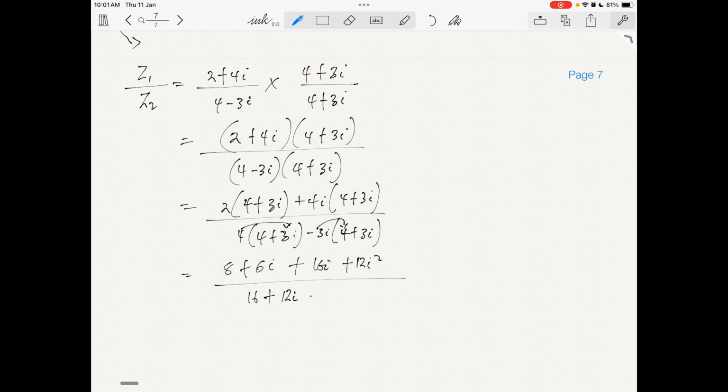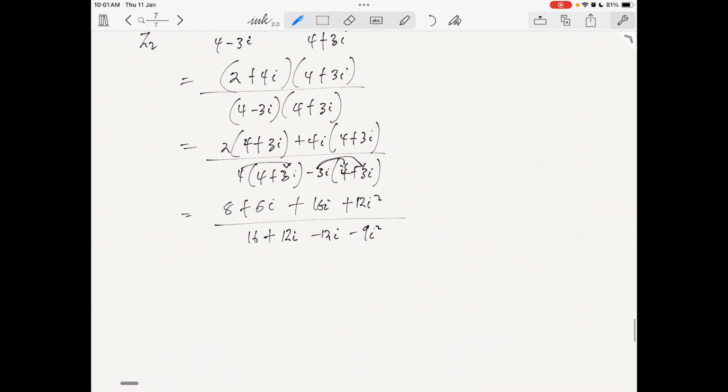Multiplying this gives us minus 12i, and this gives us minus 9i squared. Now in essence we have 8 plus 6i plus 16i. Now I want to substitute i squared equals minus 1, plus 12 times minus 1.